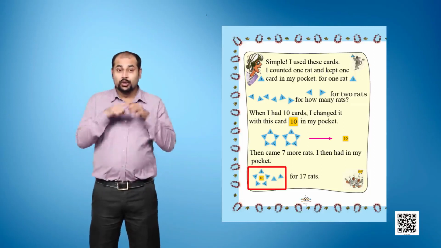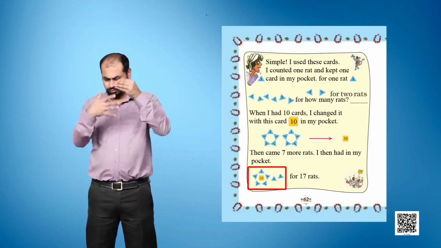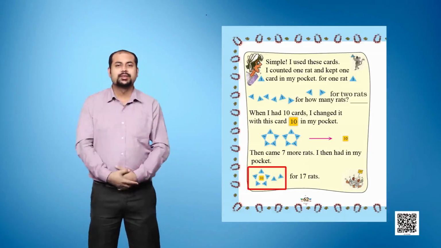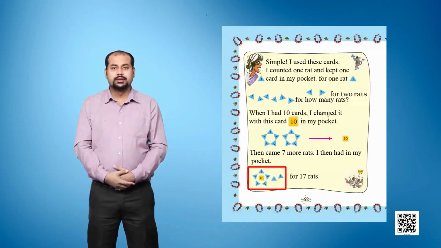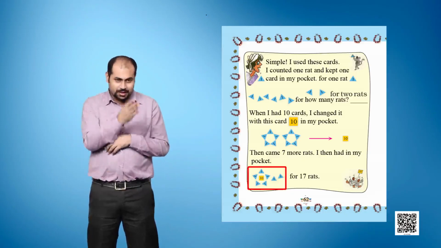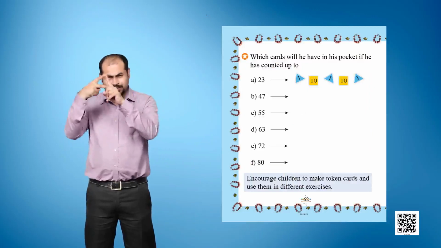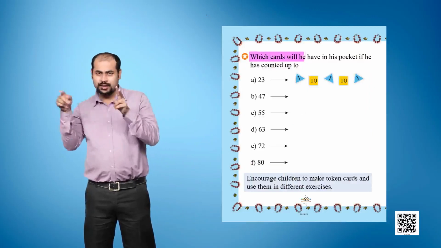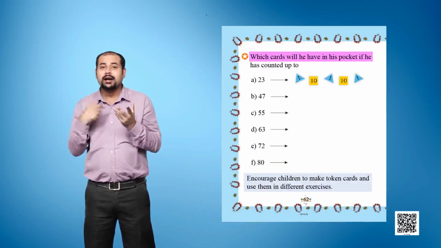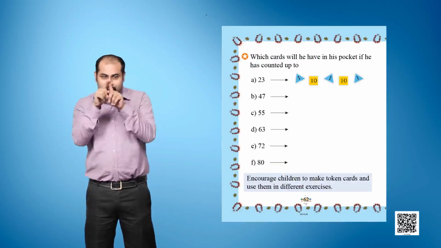The picture shows a ring of 5 blue cards with a yellow card at the center and 2 blue cards placed near the ring. After this, there is a question for you. Question. Which cards will he have in his pocket if he has counted up to?